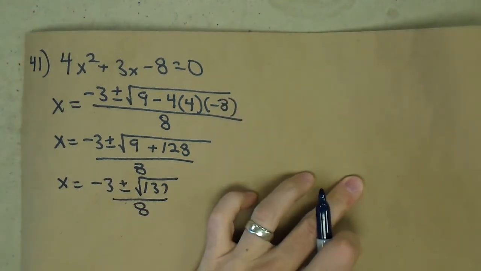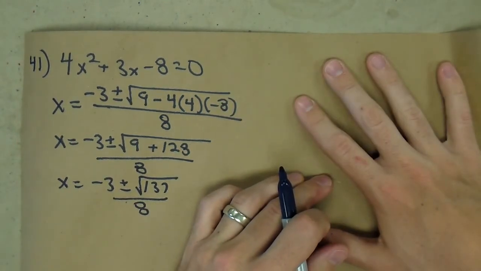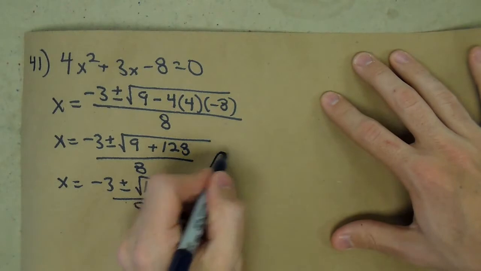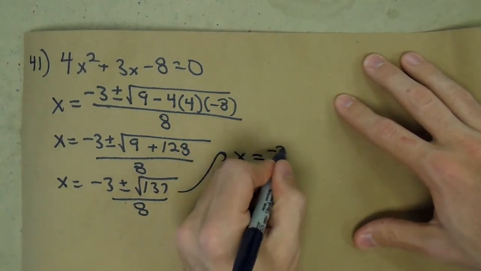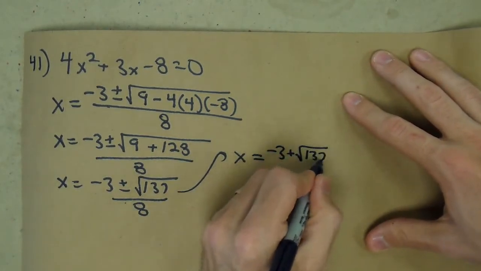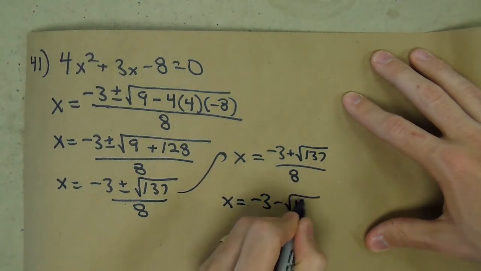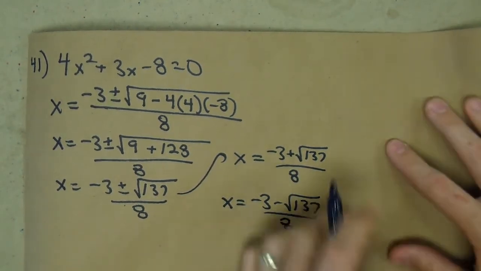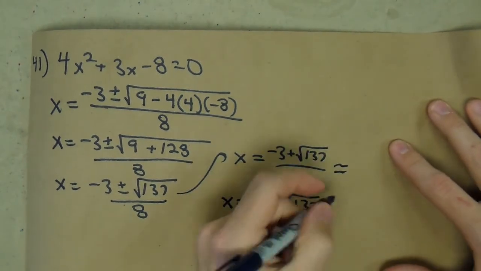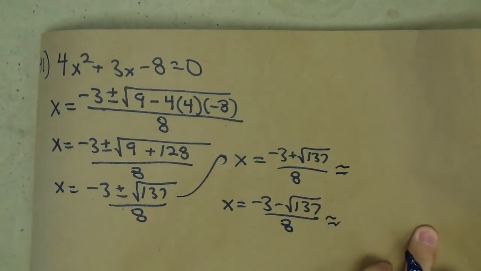We're not going to be able to simplify that, but it asks for it to the nearest hundredth. So one way I could write it is x equals negative 3 plus the square root of 137 over 8. And the other one is x equals negative 3 minus the square root of 137 over 8. So we'll plug it in the calculator and see what we get. Negative 3 plus the square root of 137, and then divide by 8.